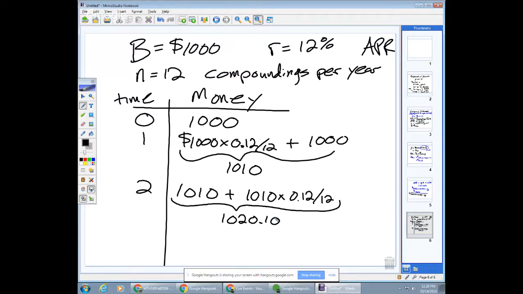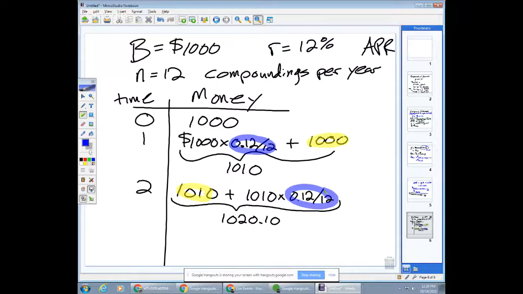All right, now I'm kind of doing the same thing each month. Each month I have a previous amount that's in the bank, and each month I have to calculate the interest on that previous amount. And don't I do it the same way each time? All that's changing is how much I had the previous month. So I think I have a recursive formula here.